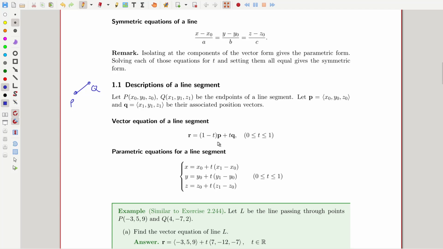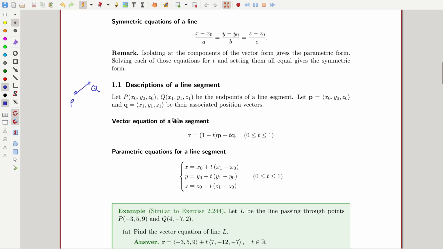Notice that in this expression, if you plug in t is equal to 0, this second term becomes 0, and you are just left with p. So this vector equation points to the vector whose associated coordinate is p.